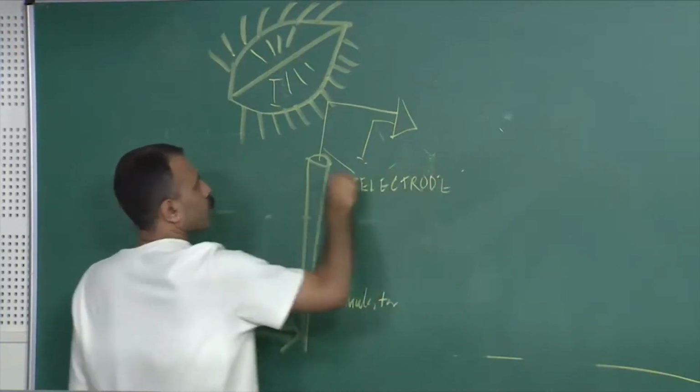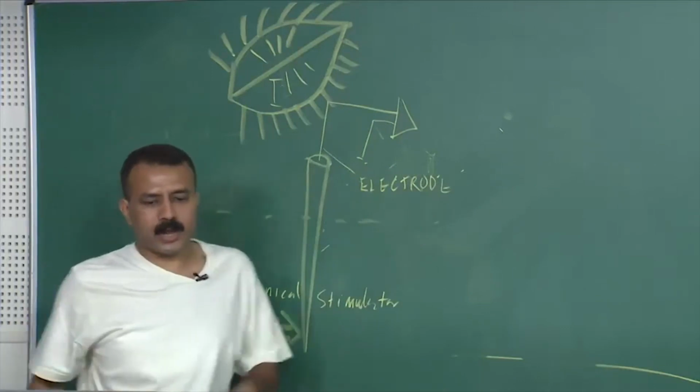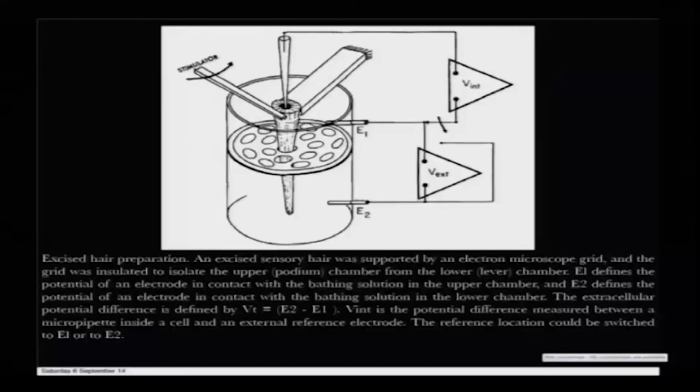Now, this is what I was trying to show you in the slide. If you see the slide, this is exactly what it is. You have an electrode which is inserted through the center, and you have the mechanical stimulator which is hitting upon it. So, whenever you are hitting upon it, you are measuring the electrical activity.